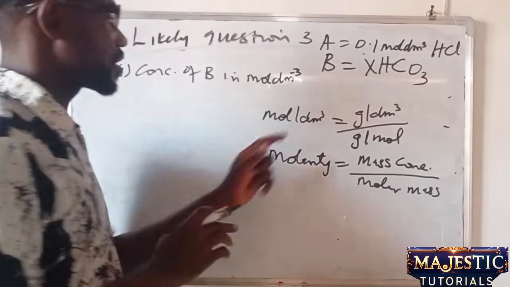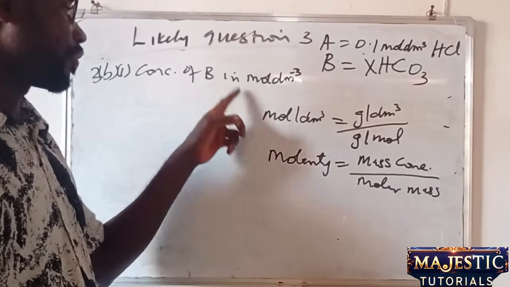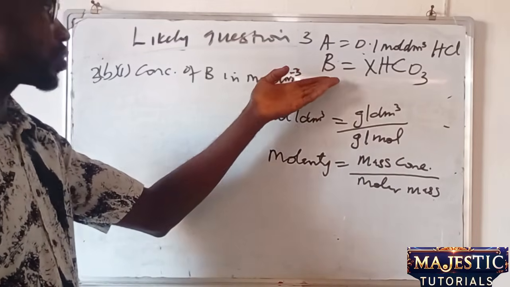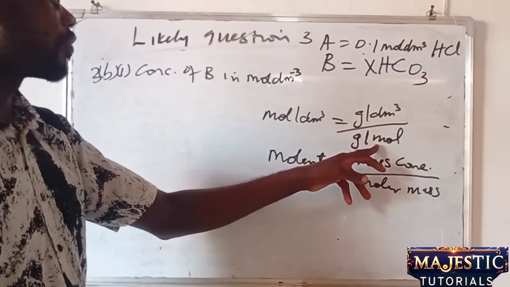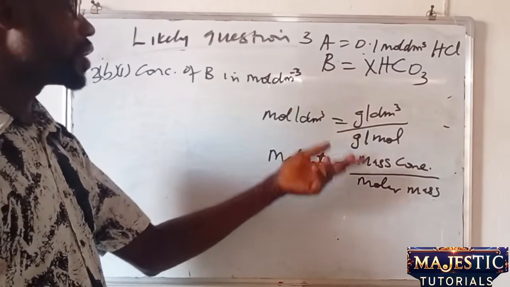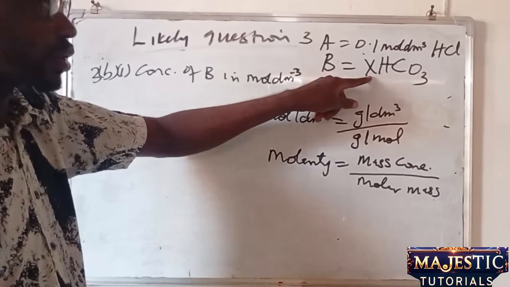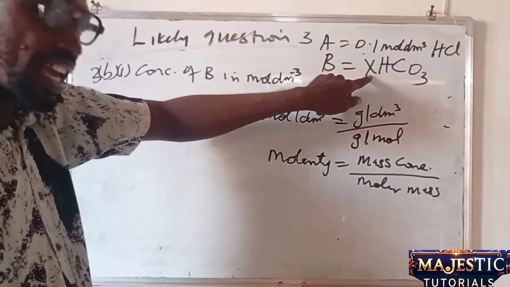For you to use this, let's try applying this in this case. What is our mole per dm³? That's what we are looking for for B. What is our gram per dm³? Unknown, it was not given. We are just told that B is XHCO3 solution. Then what's the gram per mole of B? We don't know that also. That's the molar mass. We can't calculate because X is unknown, even though we know that H is 1, carbon is 12, oxygen. So because of this X, we don't know the molar mass.